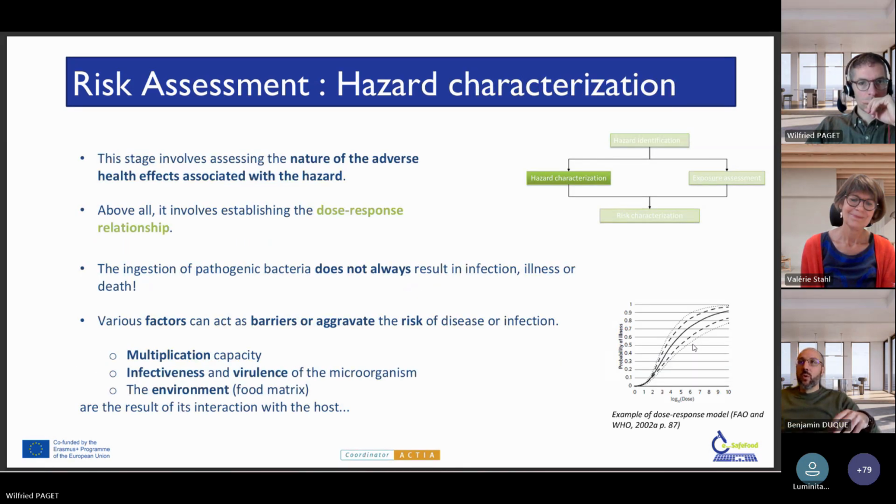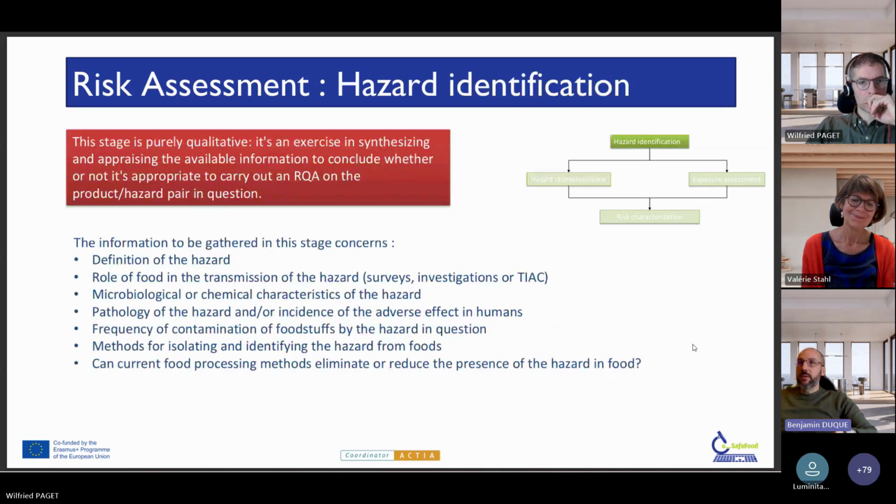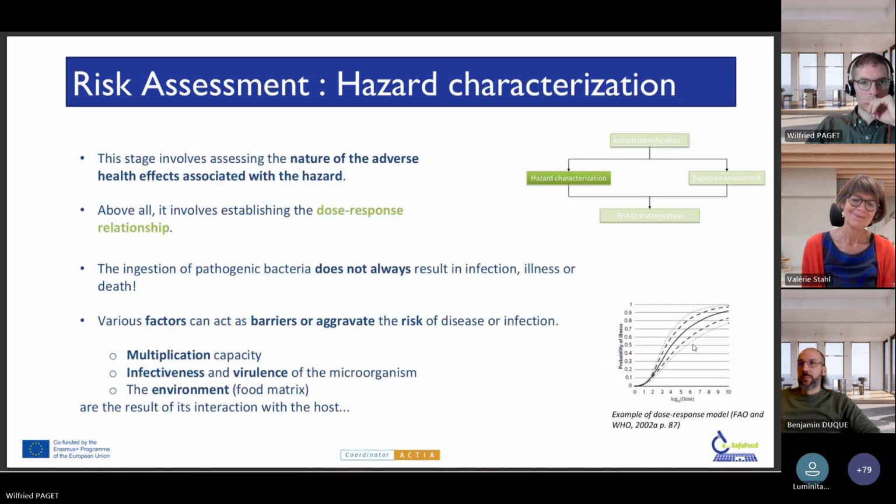Once all this work has been done and it has been deemed appropriate to use the quantitative risk assessment, it is possible to move to the next steps. So one of the next steps is the hazard characterization. This stage involves assessing the nature of the adverse health effects associated with the hazards.